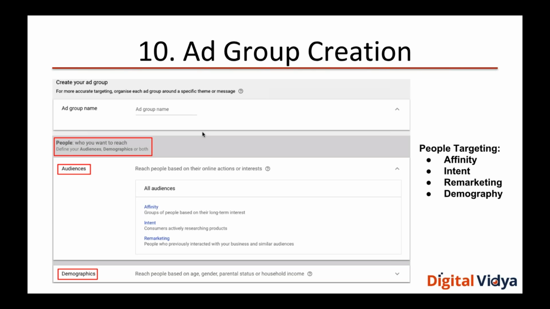The system will look at the group which matches all three criteria. So if you are a man or woman between 20 and 40 years of age and classified as a book lover, then you will see my ad. So that's how it works in conjunction when you put multiple options. So the more targeting options you add, the narrower the group will become. Is this clear?